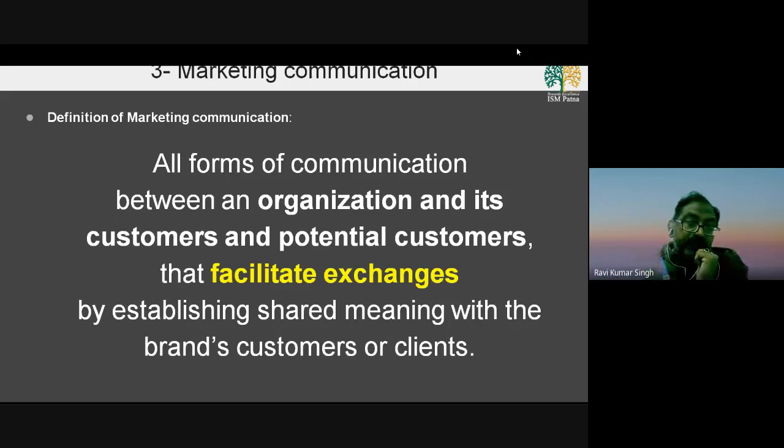Every organization, every product has some kind of meaning, and that meaning needs to be communicated through different tools. Sometimes we advertise, sometimes we use packets in which we communicate.